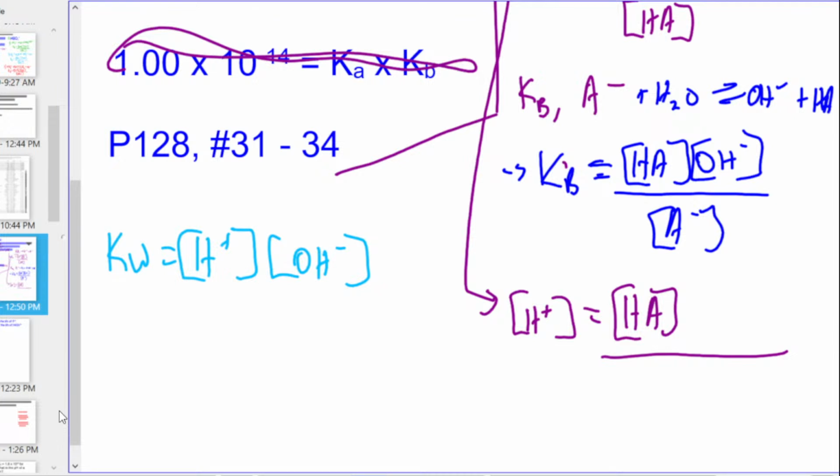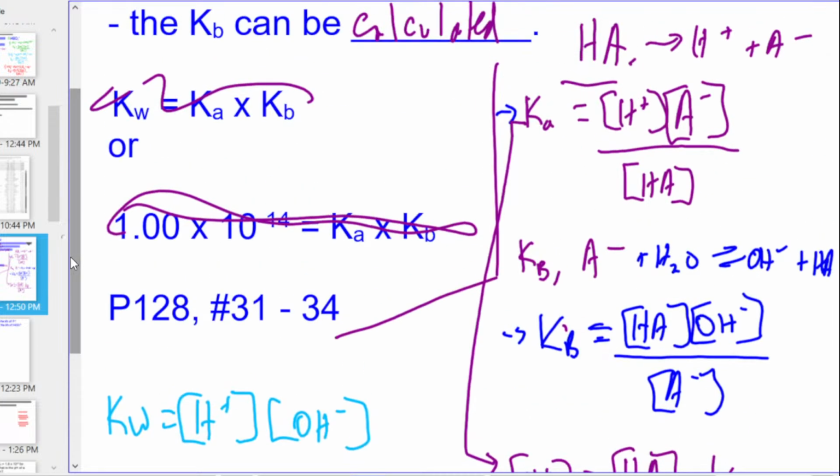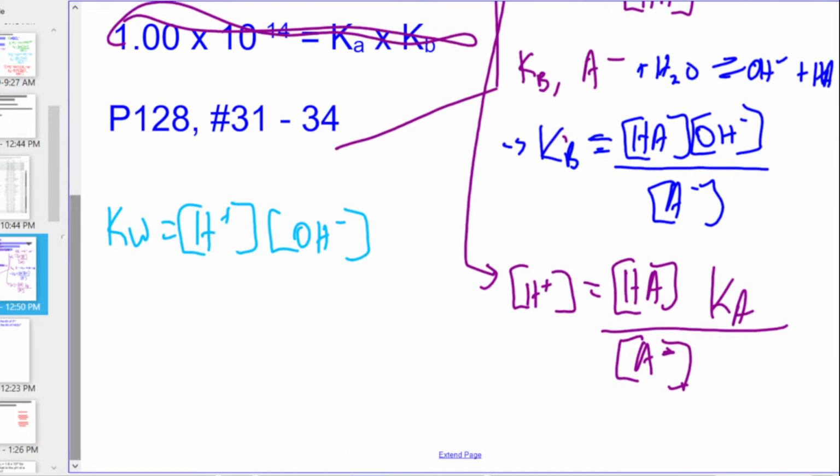It goes on the bottom. A minus goes in the bottom. What else are we missing from this? Ka. Where does it go, top or bottom? Top. So we're just rearranging it algebraically. Do the same thing for Kb and make it hydroxide equals.